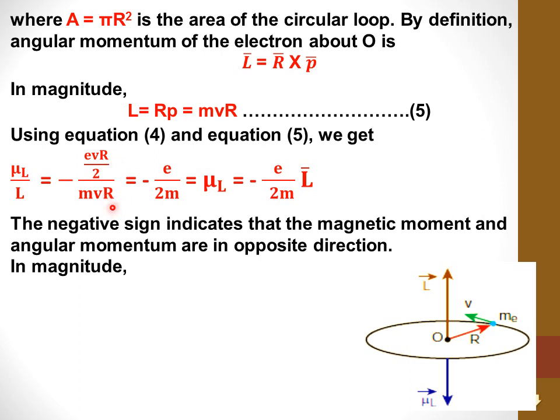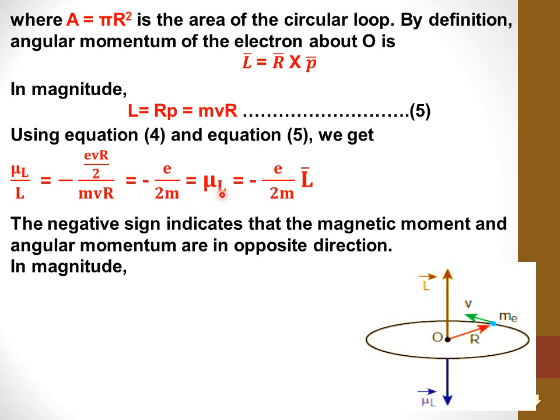While substituting the values, you can cancel this v and this v, and this r and this r, so that you get minus e by 2m. This 2 goes to the denominator, so 2m.